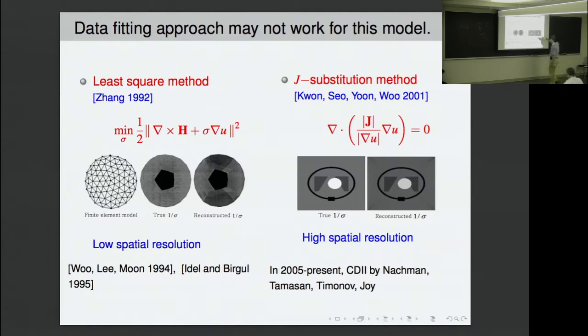But in 2001, you looked at this and developed a direct method, and got a very nice image. At the time, you were very proud of this.